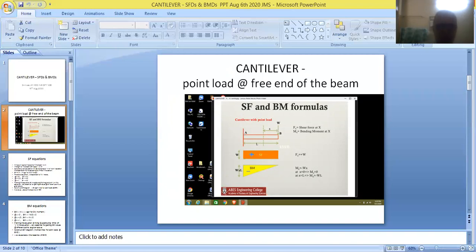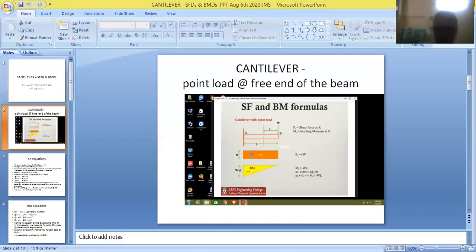So better to write it as WL. So all the values are negative, so therefore the minus symbol is written inside the diagram, and BM is also written inside the diagram. So this is for representing the bending moment diagram.